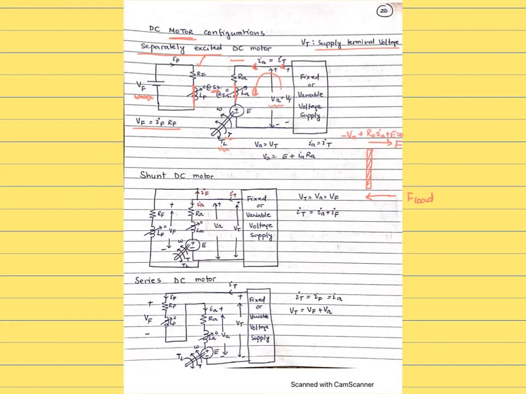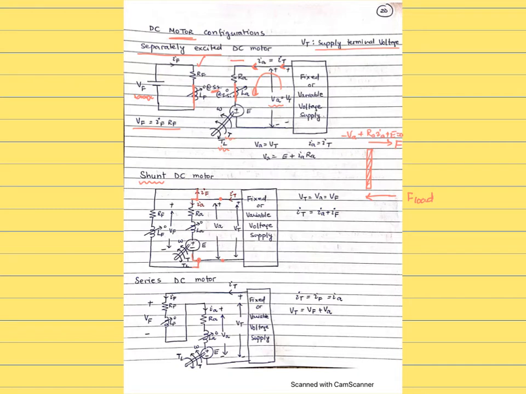Okay, and then the next configuration we have is the shunt DC motor. So in case of a shunt DC motor, both the field winding and armature winding are supplied from the same power source, and they are connected in parallel. So you can see from the same point, a split, and they go back and meet at the same point.